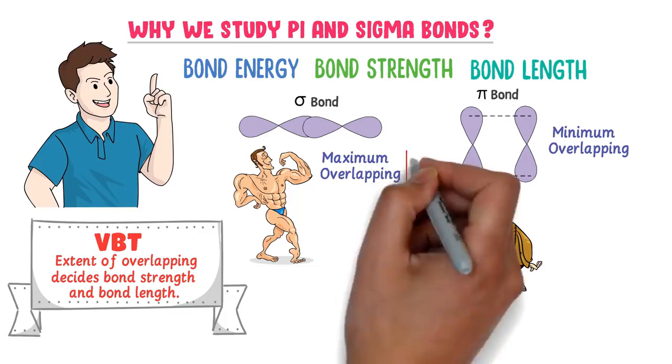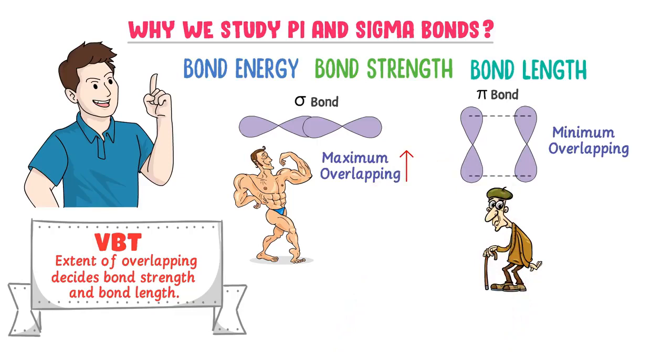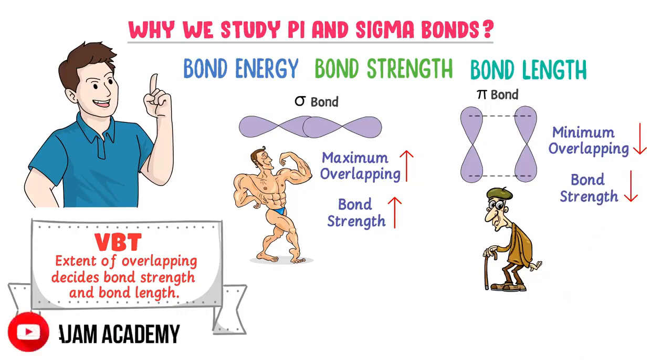Secondly, the maximum the overlapping between two orbitals, the greater will be the bond strength or bond energy. While minimum the overlapping between two orbitals, the smaller will be the bond strength or bond energy. Also, let me teach you the bond strength, bond energy, and different combinations of atomic orbitals.